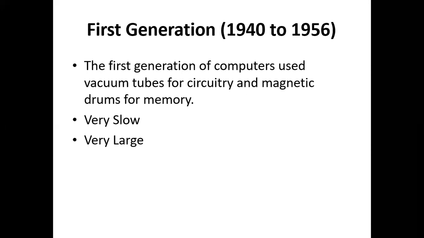If we compare the computers that were used then to computers that are being used now, the difference in terms of speed is very visible. We can easily see it. So that's about the first generation of computers. They used vacuum tubes for the circuitry and magnetic drums for memory.